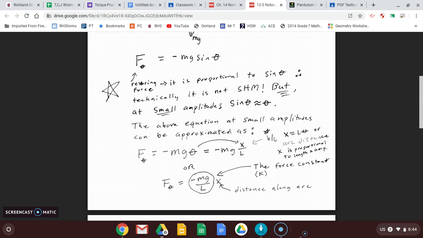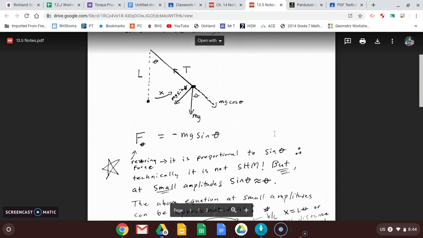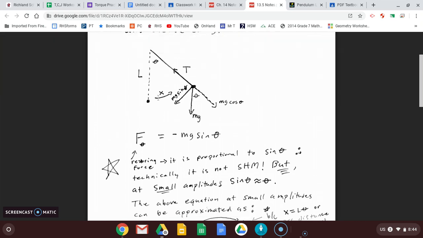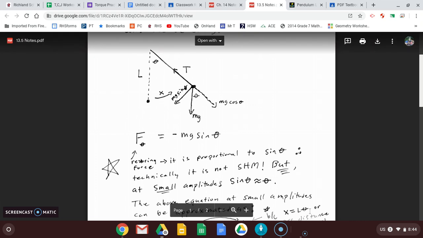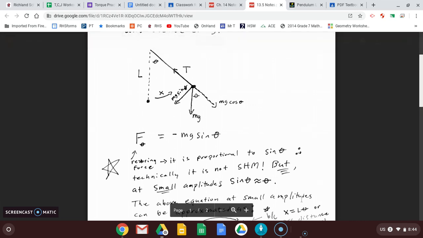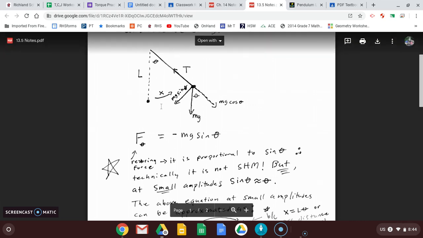See how I draw X as the arc distance here, because that's the path the mass would take while swinging. Just from a little geometry with arc length, X equals L theta. That's the arc length.